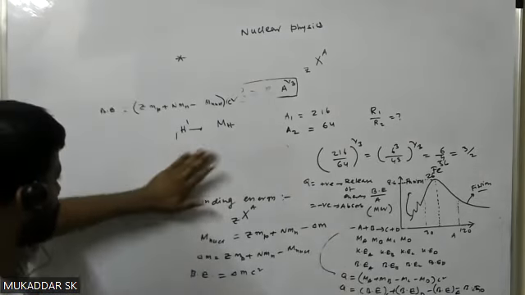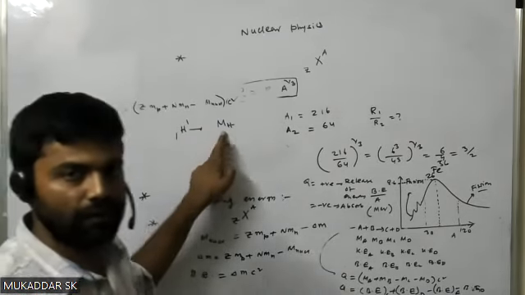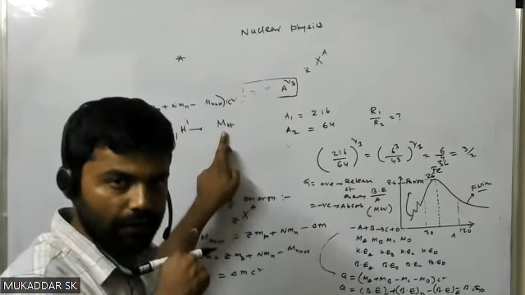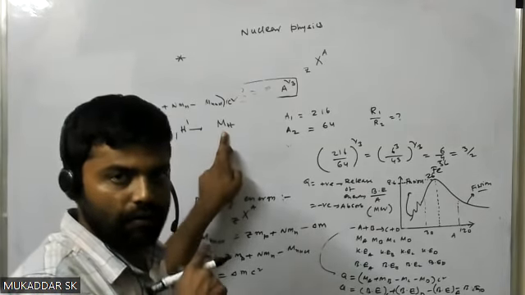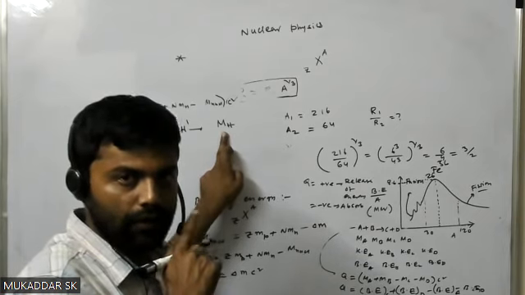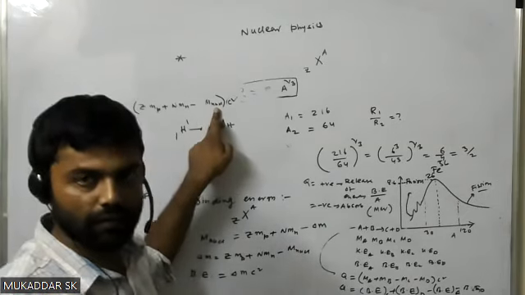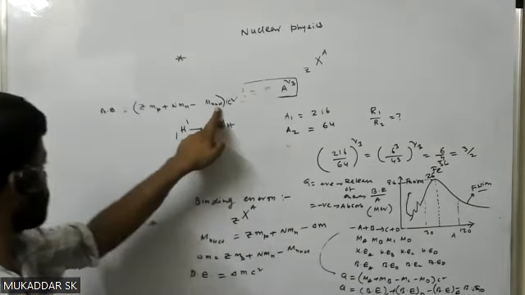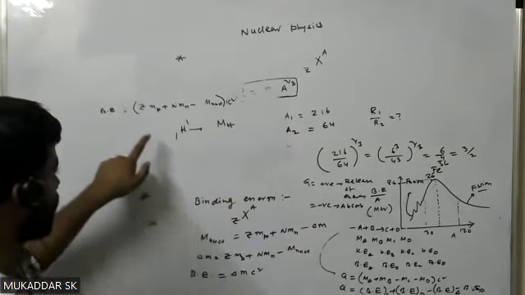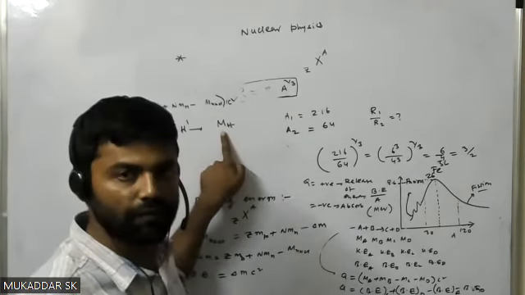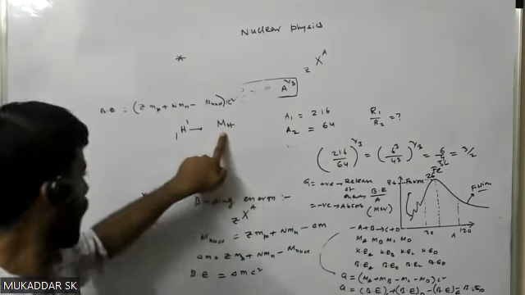Of course, listen to me. I am giving you the mass of the hydrogen atom, not the mass of the hydrogen nucleus. But in the formula you need the mass of the nucleus. So since they ask you to calculate the binding energy in terms of the mass of the hydrogen atom, how will you do it?